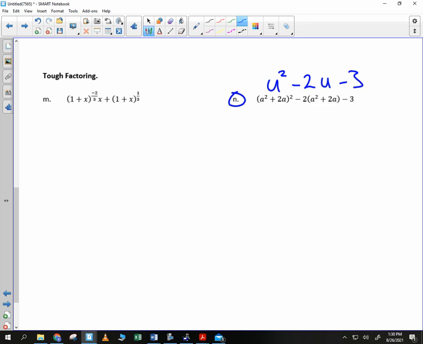It's something squared minus 2 times that something minus 3. Can everybody see that? Are you all okay with that? Okay, so I'm going to argue right now, if I can factor that, then I should be able to factor that. You with me? Let's factor that.